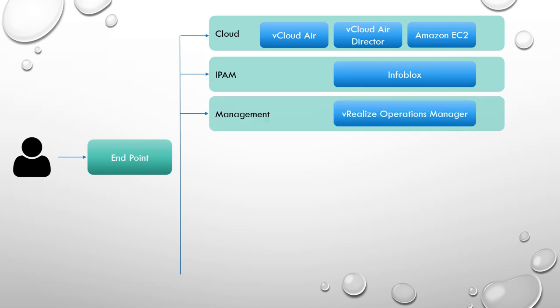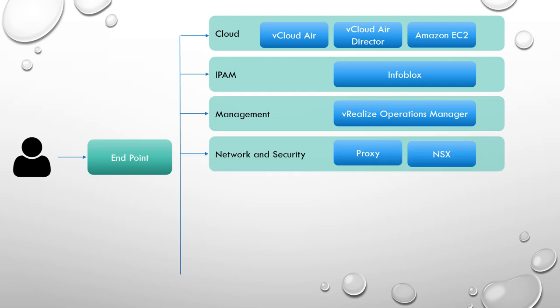Then we have the management category. This category contains the vRealize Operations Manager endpoint only. Then there is network and security. This category contains the proxy and NSX endpoint types. A proxy endpoint can be associated to an Amazon, vCloud Air or vCloud Director endpoint. An NSX endpoint can be associated to a vSphere endpoint.